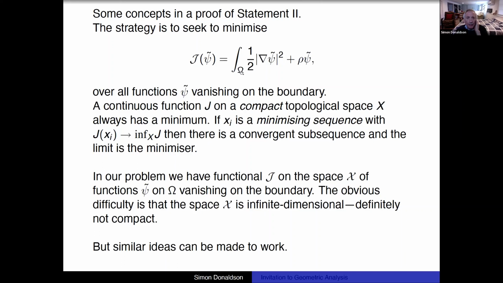Now we have this function rho. We're taking the same kind of Dirichlet term involving the L2 norm of the derivative, but we're adding on a term involving rho. But now we're considering this over all the functions which vanish on the boundary. The same kind of manipulation we did before shows that if we find a minimizer, then it will satisfy the PDE that we want.